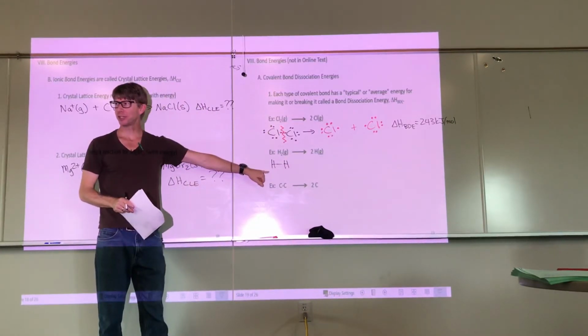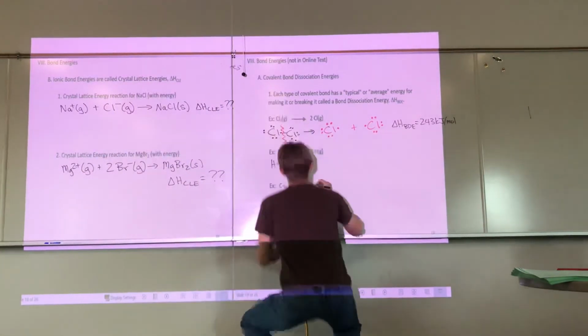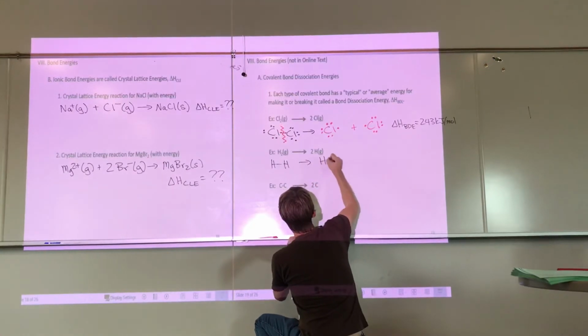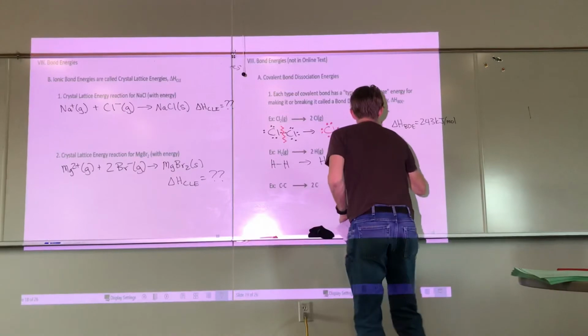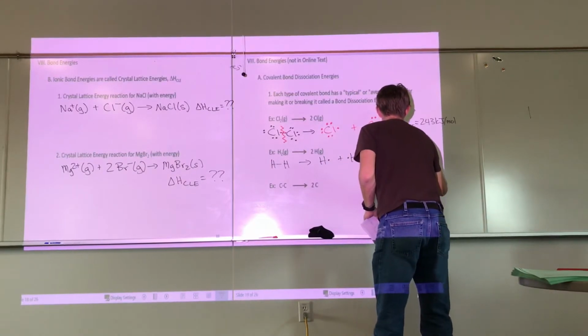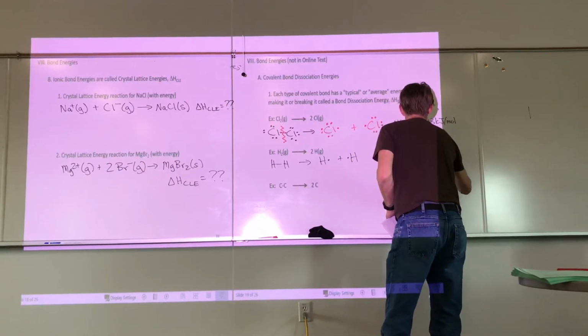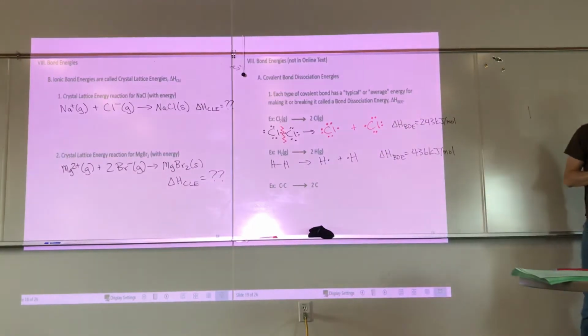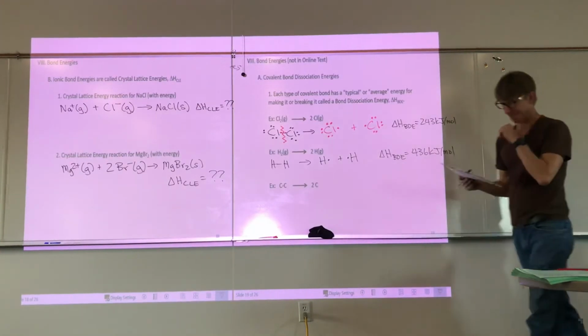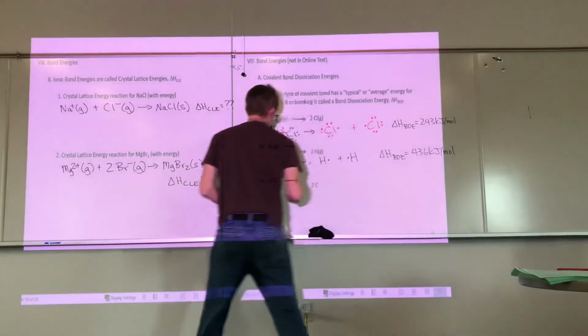Lewis structure for H2. Delta H, BDE, bond dissociation energy. It takes 436 kilojoules per mole of bonds there.